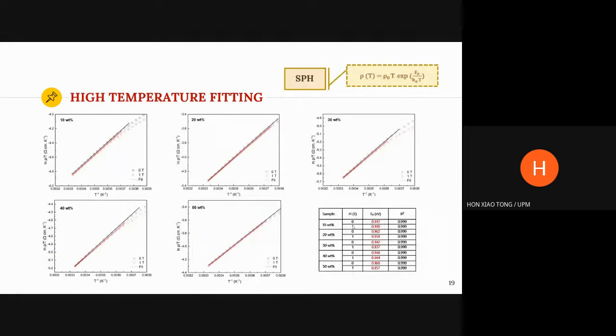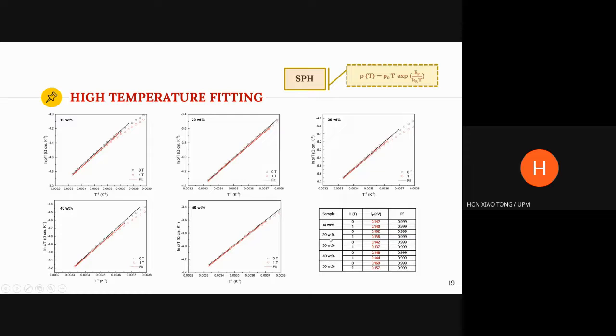And next, we fitted our result at the higher temperature region with SPH, which is the small polaron hopping model, by using the formula rho T equals rho naught T exponential of Ep, which is the activation energy, over Kb, the Boltzmann constant, and also T. After we plotted the fitting curve and substituted into the formula, we found that the activation energy for 20 and 50 is much higher compared to other concentrations.